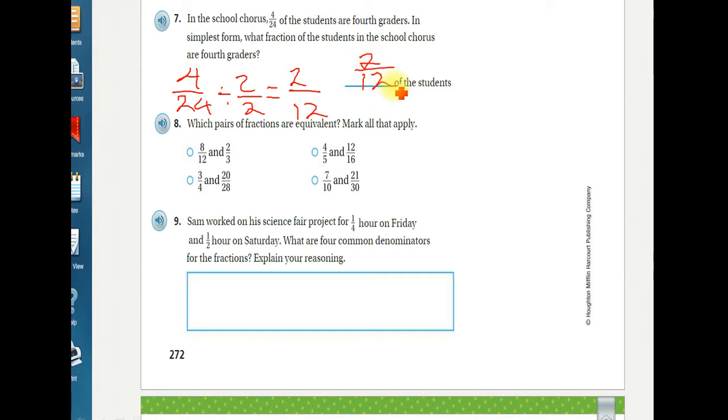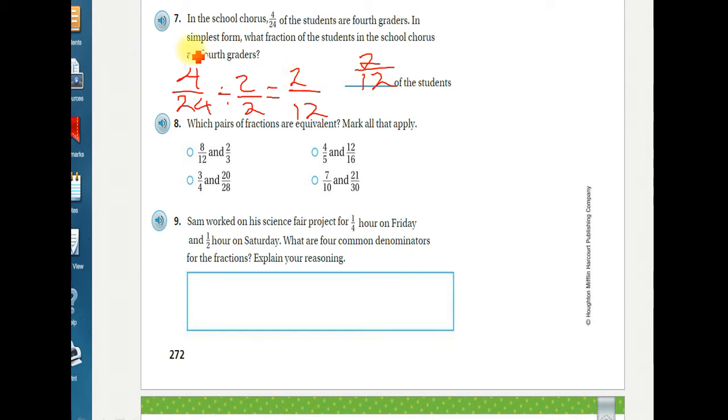Now, what's wrong with that problem though? We know from the other example it's obviously the wrong answer, but all my math is correct. 4 divided by 2 is 2, that's correct. 24 divided by 2 is 12, that's correct. So think about it. What did I do wrong?